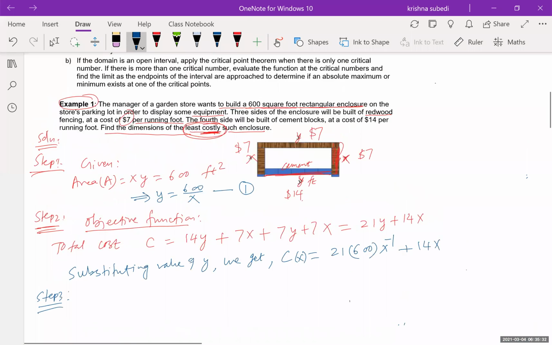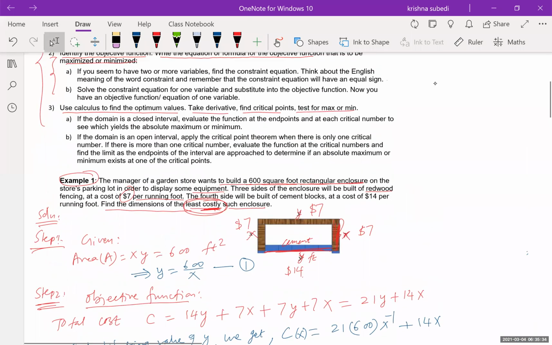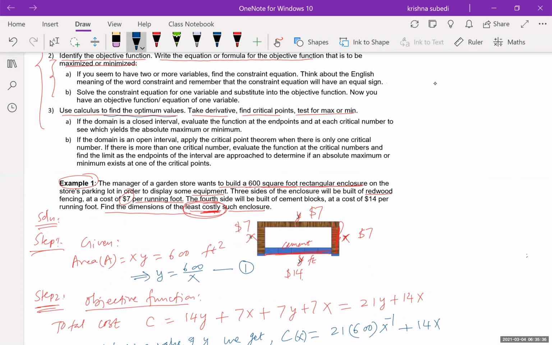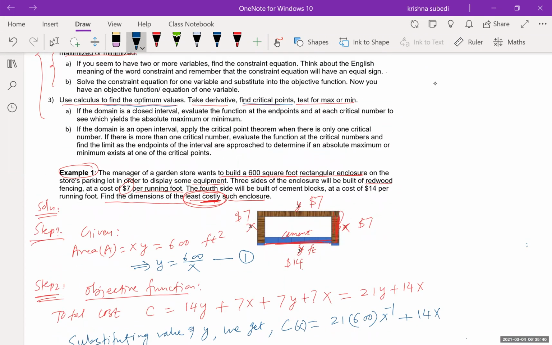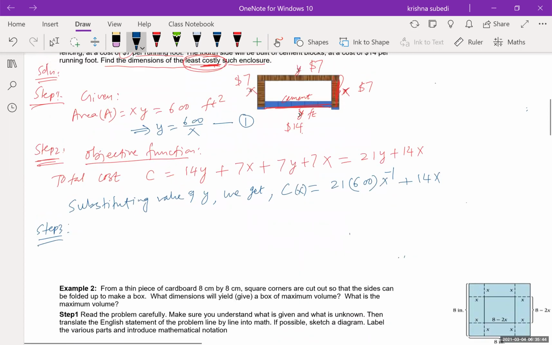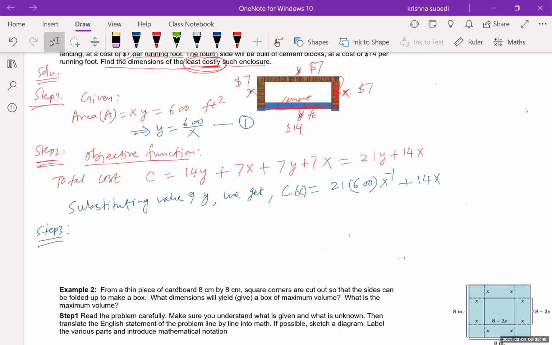Let's go back. In step 3, use calculus to find the optimum values. You see, optimum value means take the derivative, find critical points, and test for maxima and minima. So this is basically what we have been doing so far in the previous chapter.